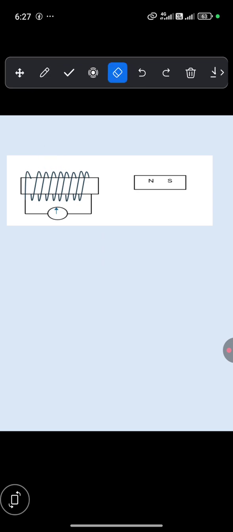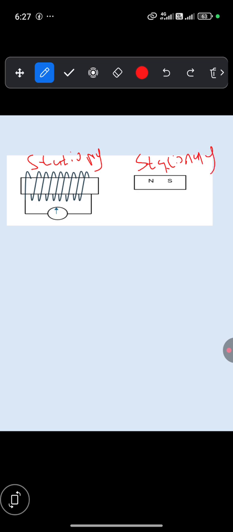We are saying if the solenoid is stationary and the bar magnet is also stationary, if both of them are stationary, there will be no current induced. No current is induced. Therefore, no deflection of the needle.